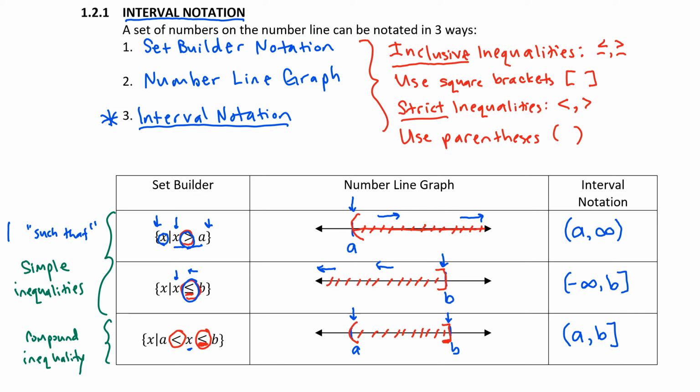The answer there is no, because the parenthesis indicates we're not including a, we're just going up right next to a. Second question, is b a solution to the inequality? The answer is yes, because the brackets indicate that we are going to include b as a solution to that inequality.